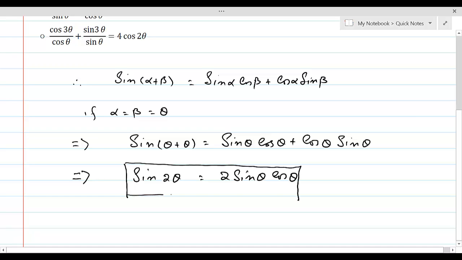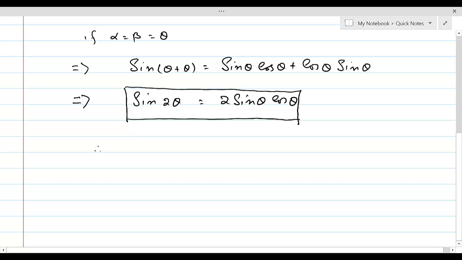And the next one, for the same reason, since cos of alpha plus beta is equal to cos alpha cos beta minus sine alpha sine beta.